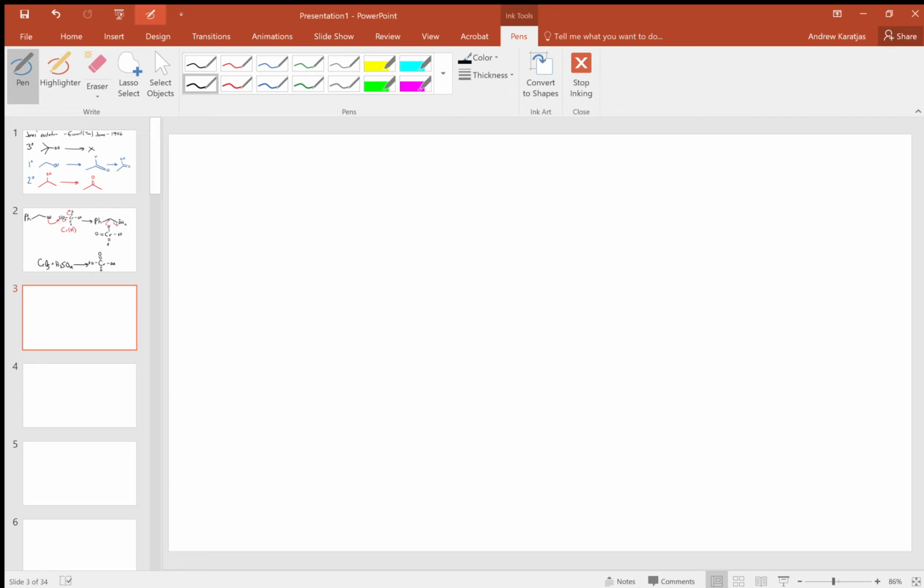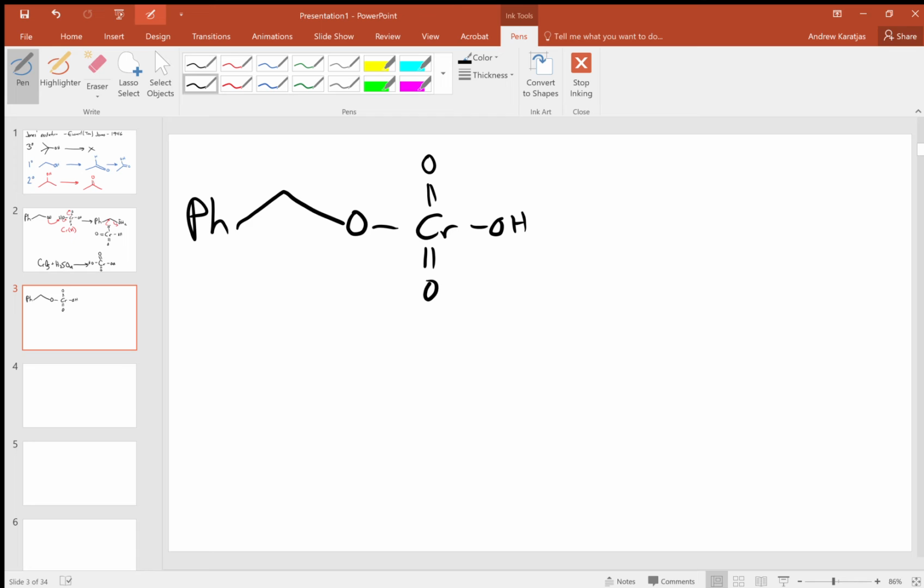So that leads us to this intermediate. And from here, water comes in, removes the adjacent hydrogen. Those electrons shift down, form the carbon-oxygen double bond, and kick out the chromium group.